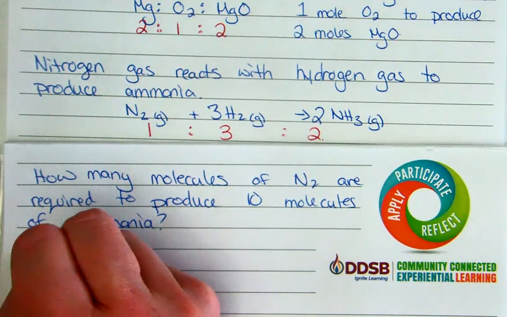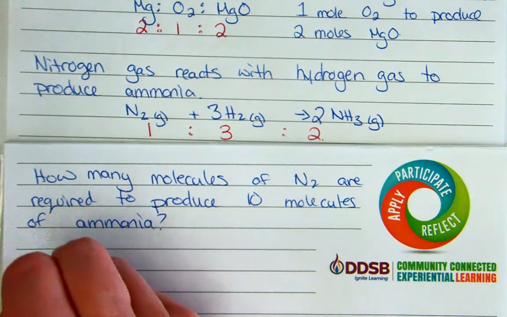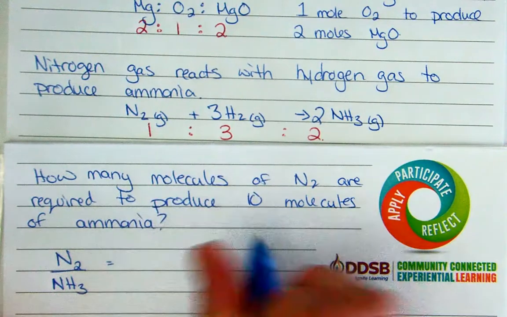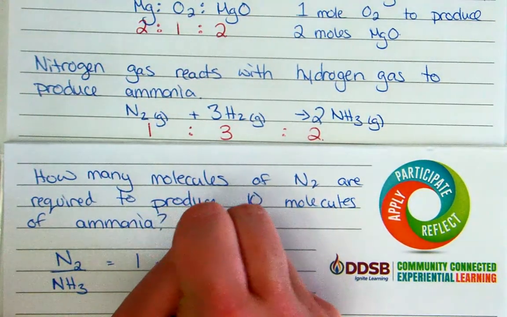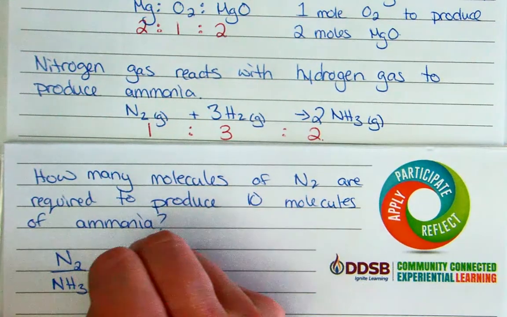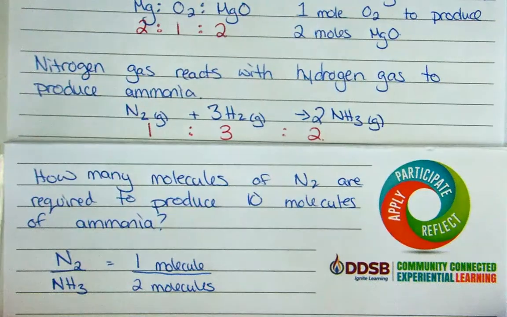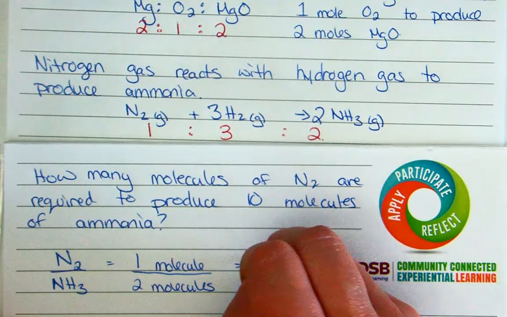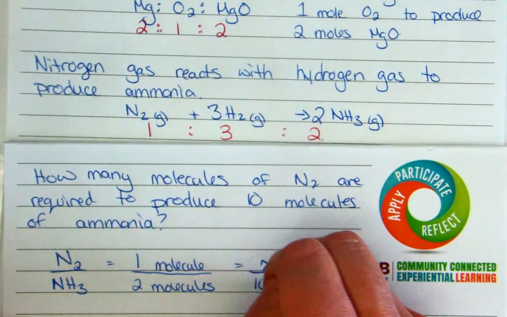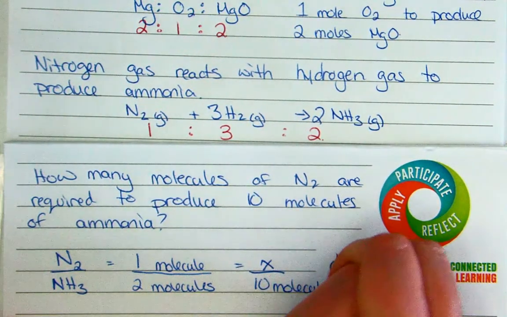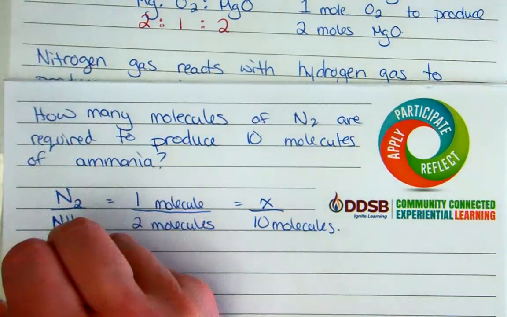So I'm going to say my nitrogen gas to ammonia. Well, it is a 1 to 2 ratio. So 1 molecule of nitrogen gas will end up producing 2 molecules of ammonia. Okay, I have X molecules of nitrogen gas, and I want 10 molecules of ammonia. So you're just going to solve for X.